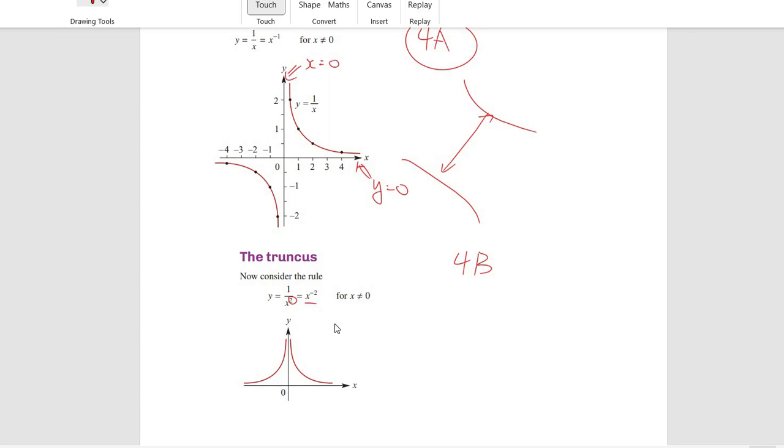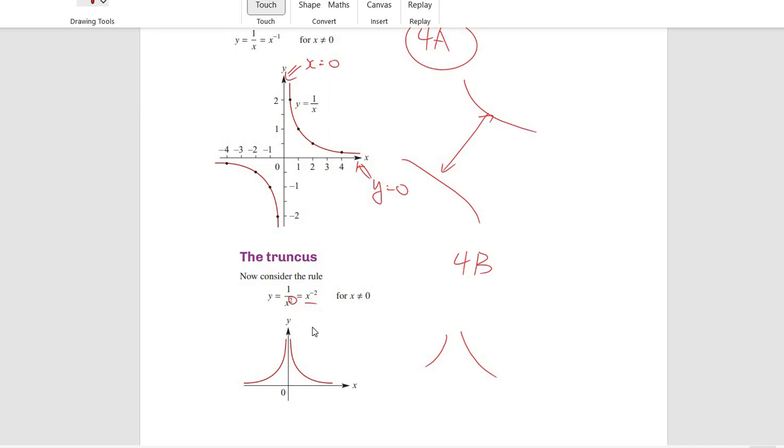The truncus is symmetrical around the y-axis, and you can obtain the general plot by plugging in a bunch of values of x, say from -3 to +3, and getting the associated values of y. You'll end up with this kind of graph.